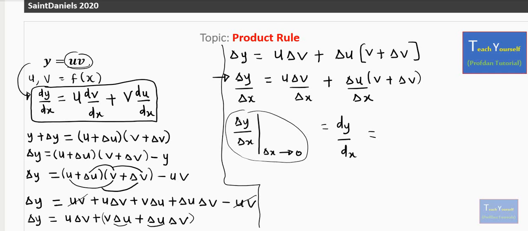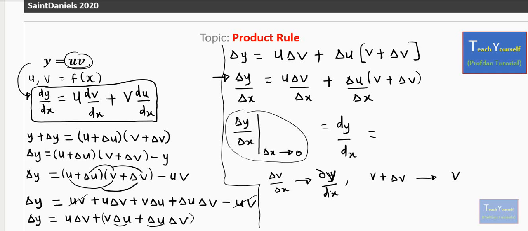Also, your increment in v over increment in x becomes the differentiation of v with respect to x. And also your v plus increment in v will tend to ordinary v alone.